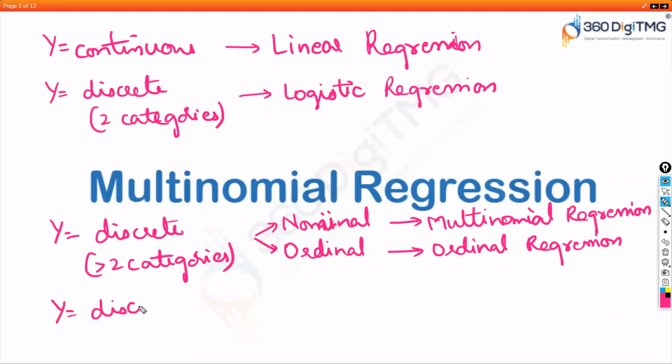If the output is discrete and count, then we either proceed further with Poisson or negative binomial.